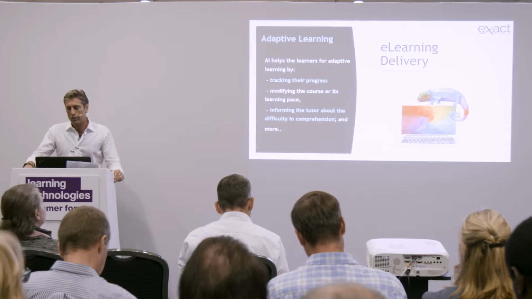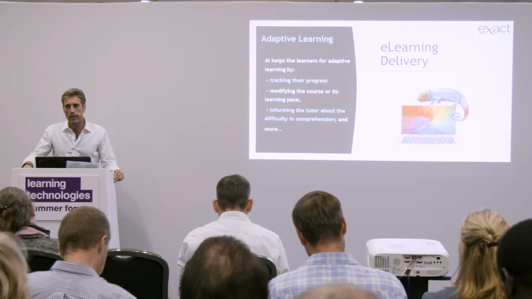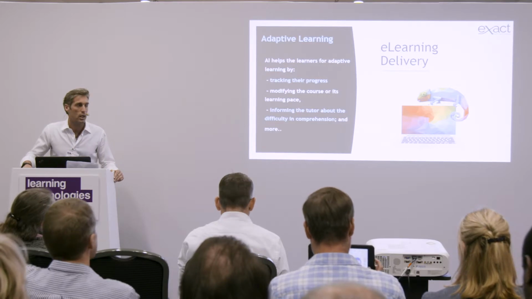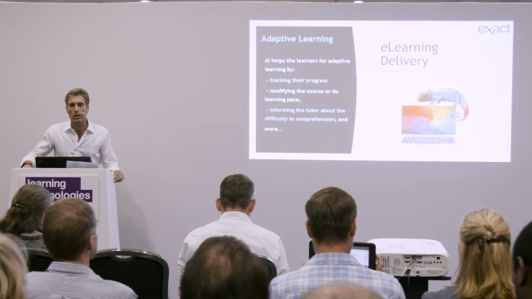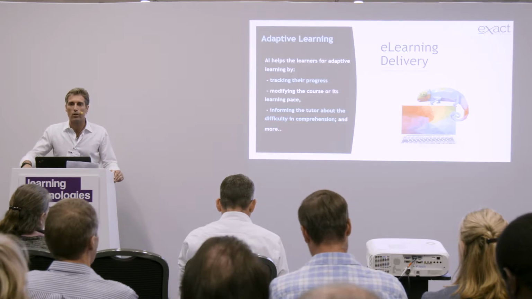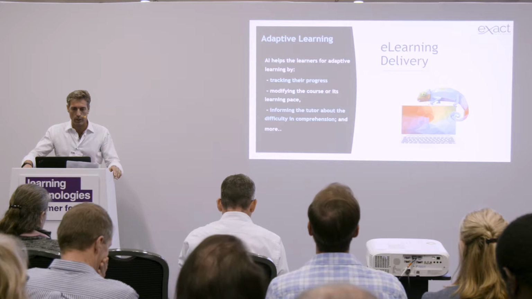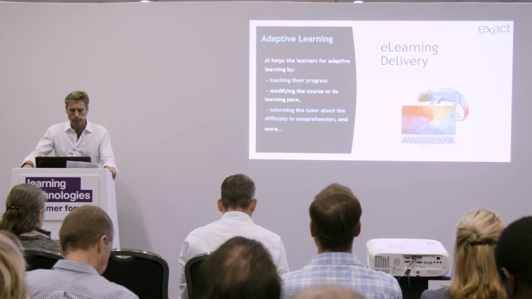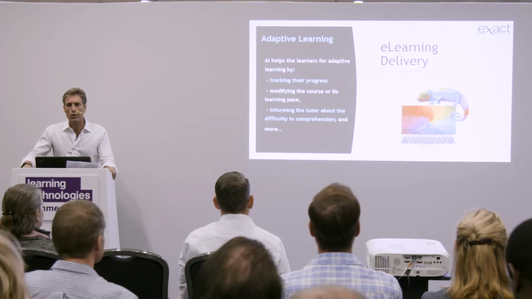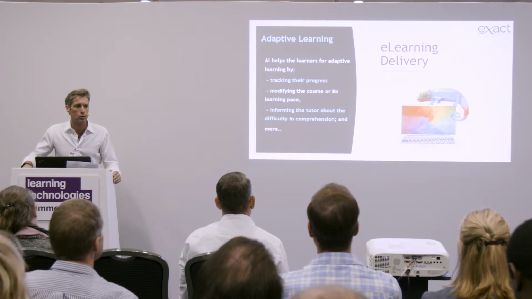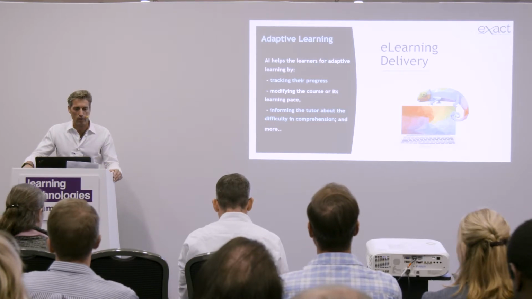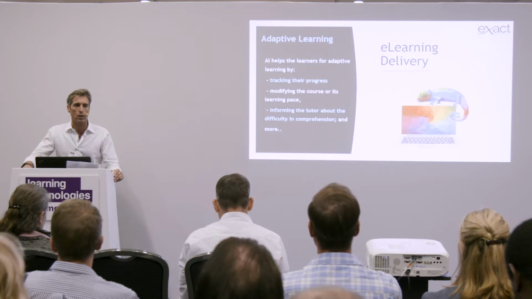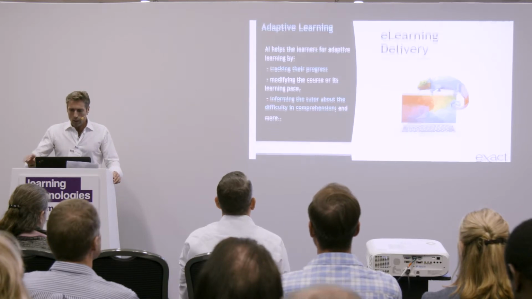And using such information, the AI algorithms can elaborate modifications to the actual learning offering and propose new materials, or modify the courses according to the learning pace, or according to the objectives of the single learner. It can also be used for informing the teacher or the tutor about any problems or difficulties in comprehension of the current learning offer.